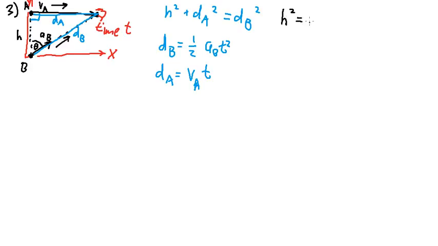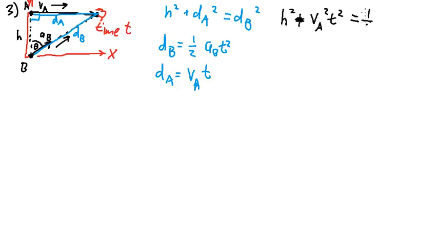h squared plus d sub a squared, which is v sub a squared times t squared, equals d sub b squared. So this is where it gets sort of nasty.